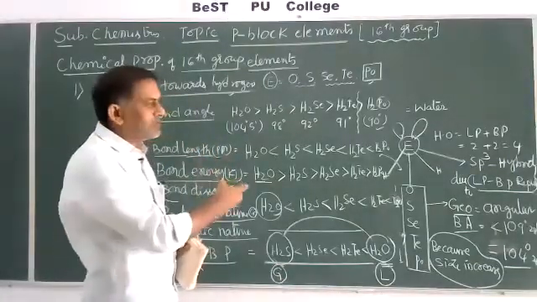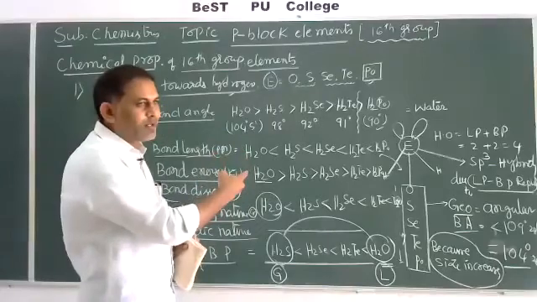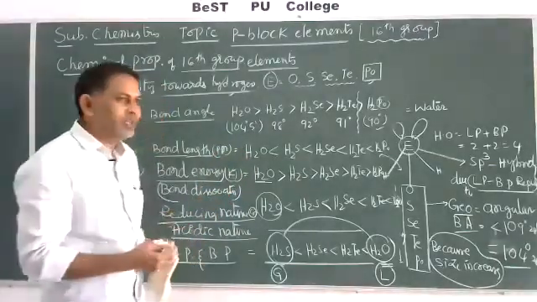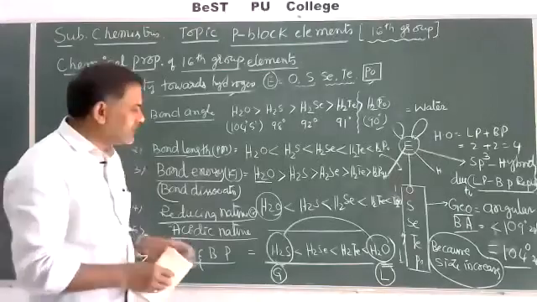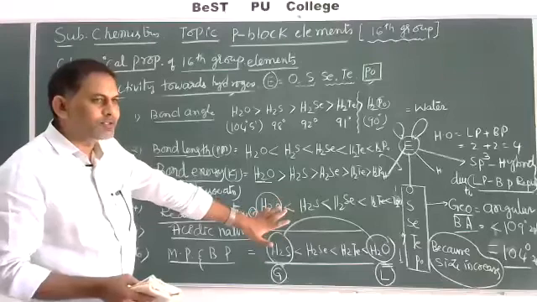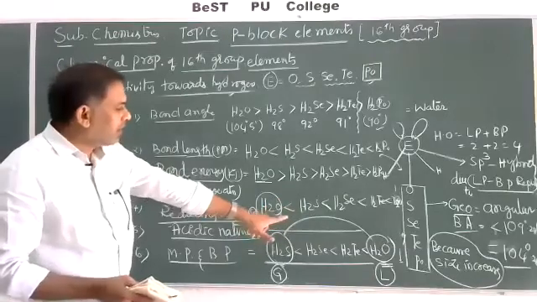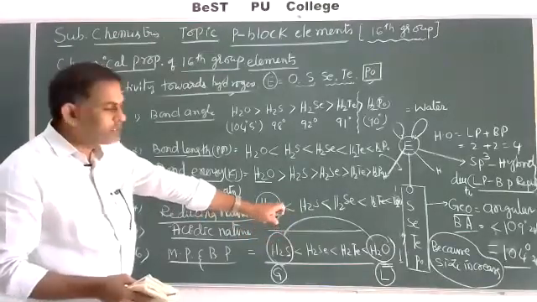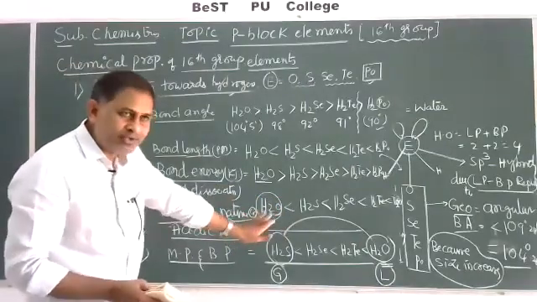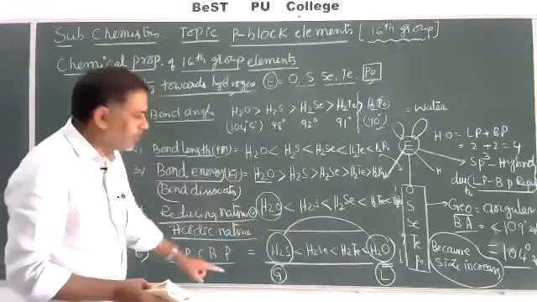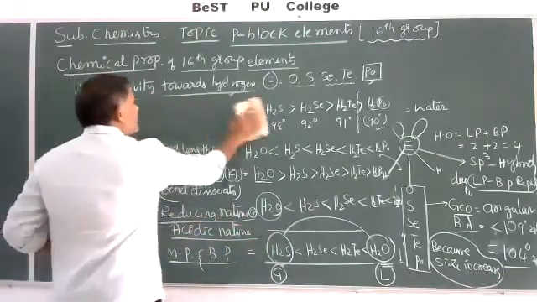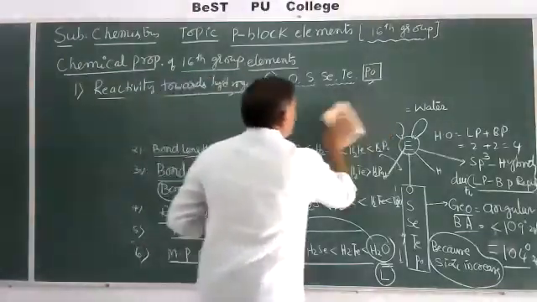In the NCERT book, in the text questions, it asks why H2O is liquid in nature and H2S is gaseous in nature. The reason is the presence of certain bonds: in the water molecule intermolecular hydrogen bonds are present, whereas in H2S there are no such intermolecular hydrogen bonds. Very, very important. I'll show how it forms intermolecular hydrogen bonds.